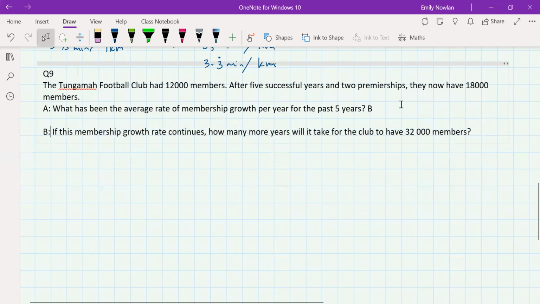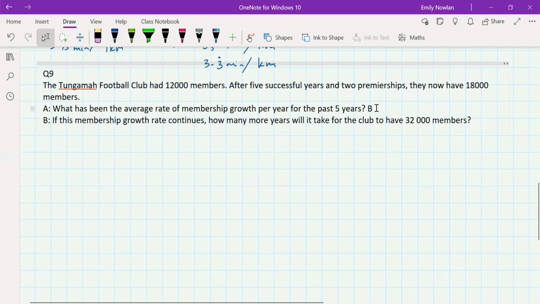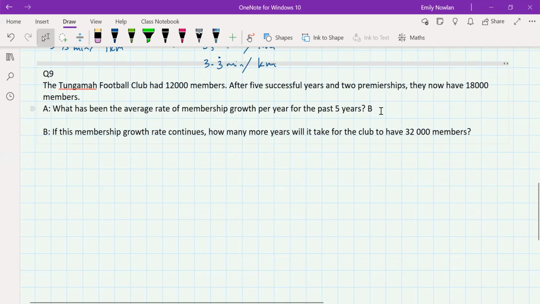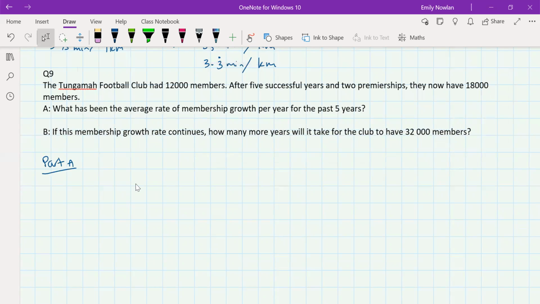If this membership growth rate continues, how many more years will it take to have a membership of 32,000? Let's do part A first: the average rate of membership growth for the past 5 years. What's the growth?